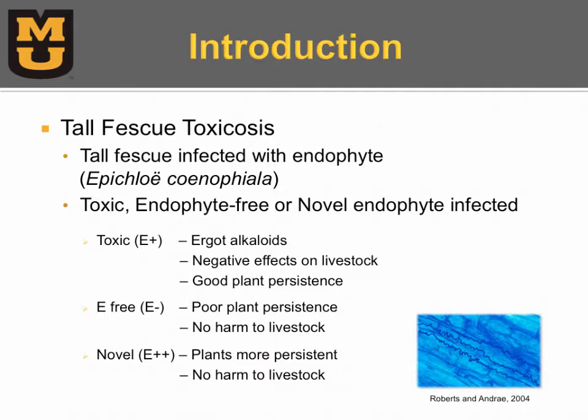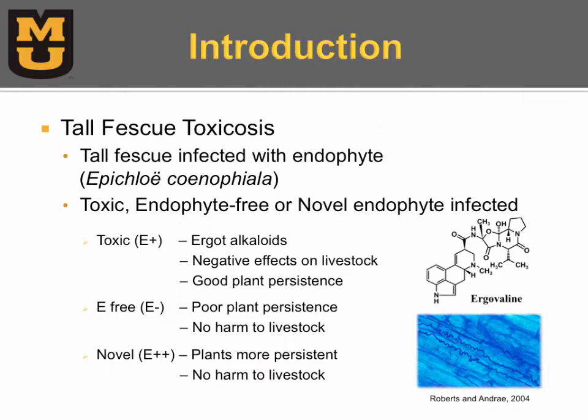The toxic endophyte infected tall fescue produces ergot alkaloids, the most common of which is ergovaline. These ergot alkaloids cause many negative effects on livestock, but also help the plant to be very persistent.